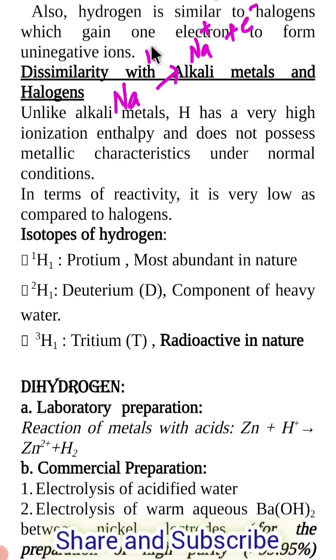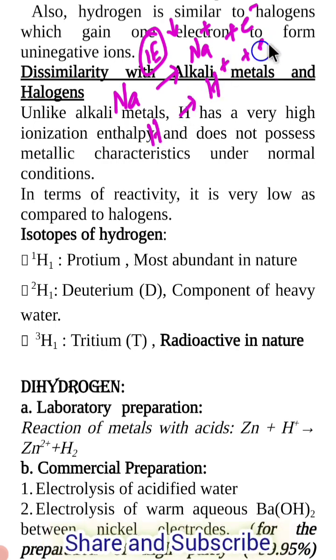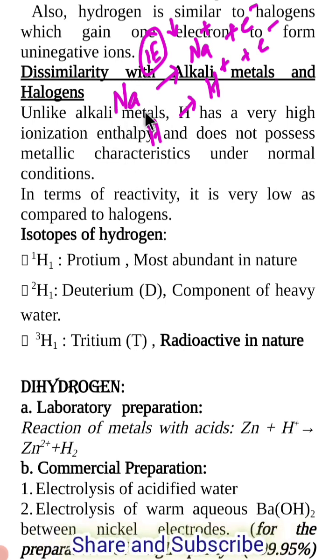So the ionization enthalpy of sodium is very low in comparison to that of hydrogen. So in this regard, hydrogen is different: the tendency to give out electrons is the same, but the amount of energy required to remove an electron from a hydrogen atom is comparatively higher than for alkali metals.